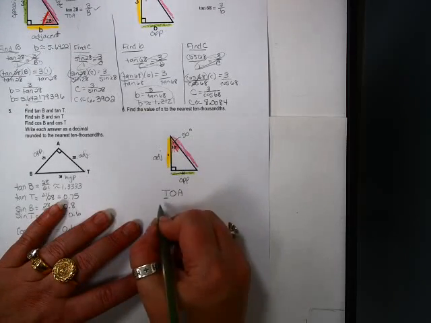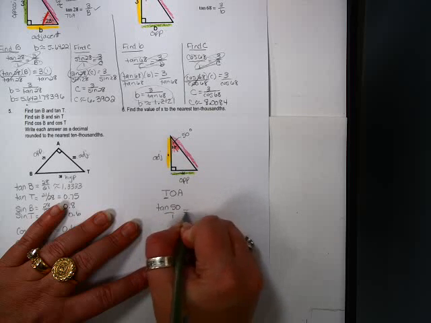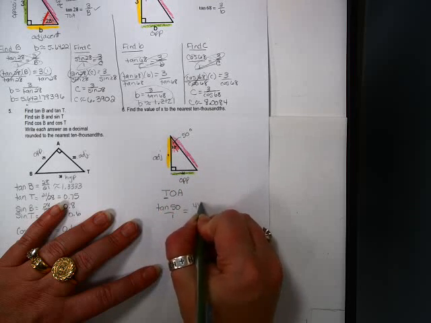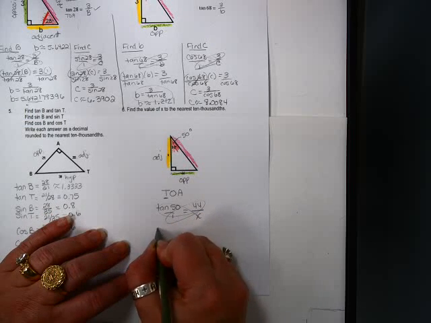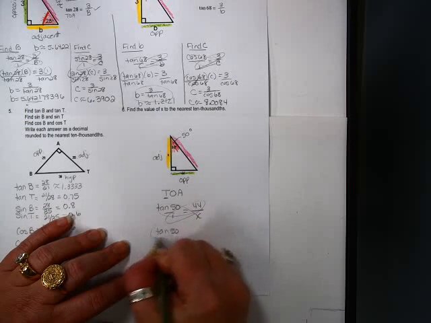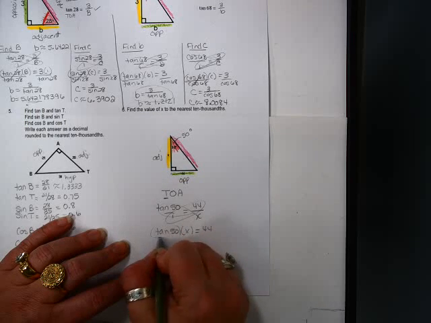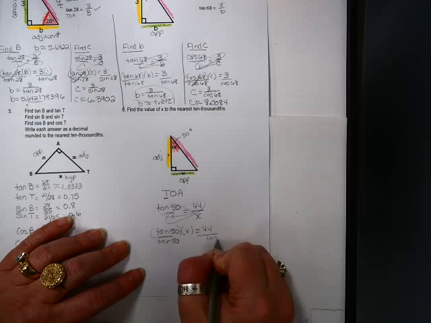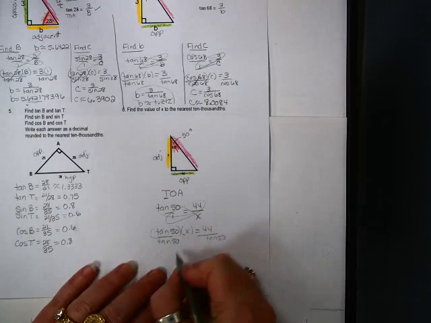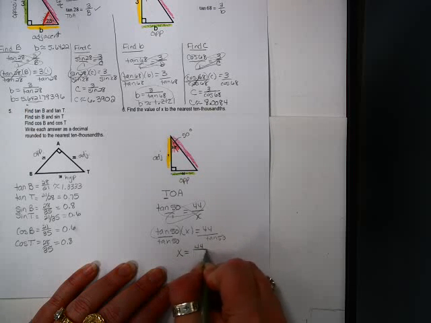So what we want to do is set up a proportion. Tan 50 over 1 is going to equal 44 over x, and then we cross multiply. So that's going to be tan 50 times x equals 44 times 1, or 44. Divide by tan 50. My x is going to be 44 divided by tangent 50.